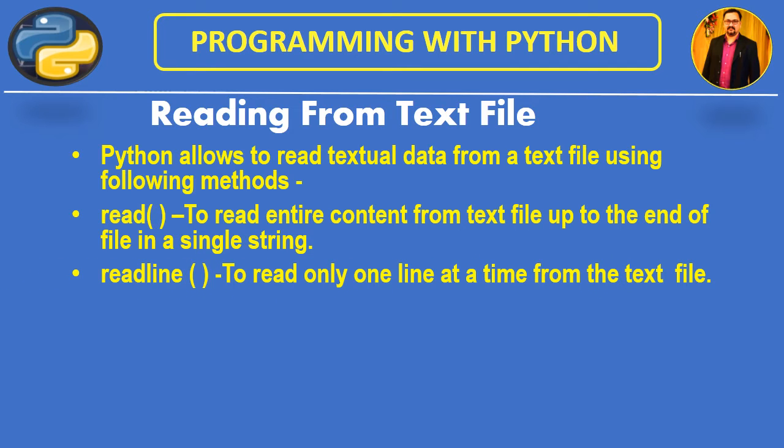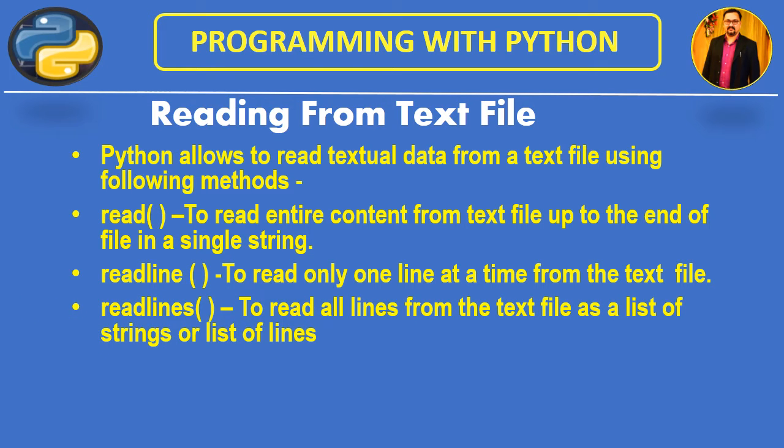The second method is the readline function, and this function is used to read one line at a time from a text file. The third method is readlines, and you can read multiple lines at once. This function reads the text as a list of lines, meaning all the lines you can read together, and it will form a list of strings.